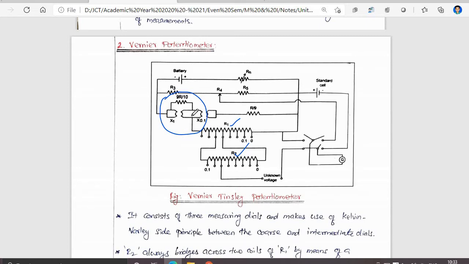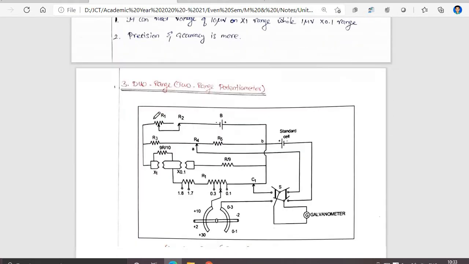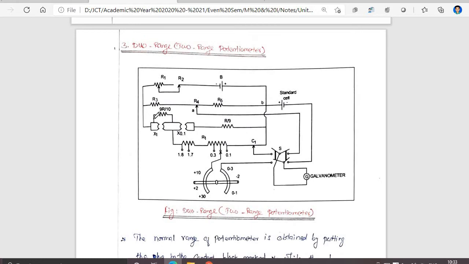Whichever location you connect the plug in, that particular amount of resistance is added into your circuit. Looking at the circuit, with some battery arrangement, the topmost is the balancing element and the bottommost is the measuring element. As you can see in the diagram here, the same will be applied here.